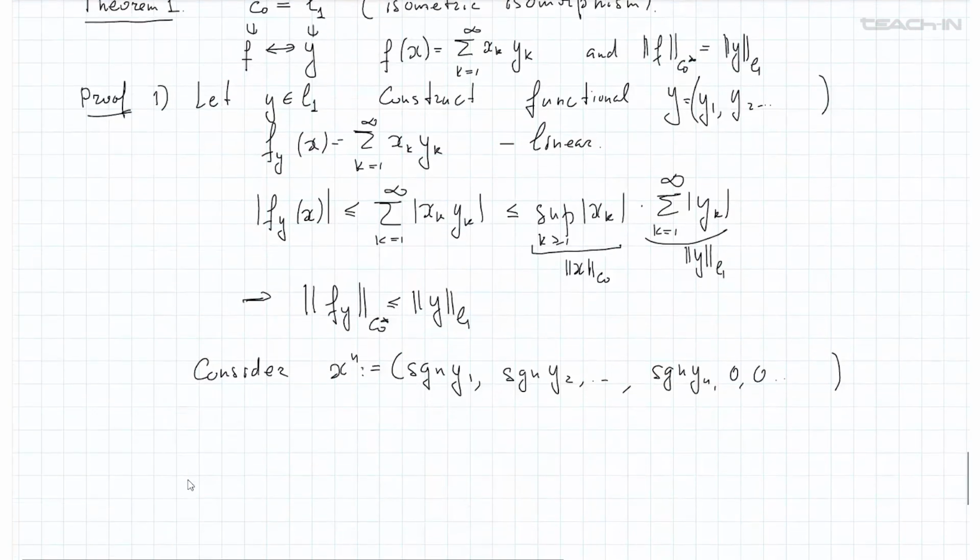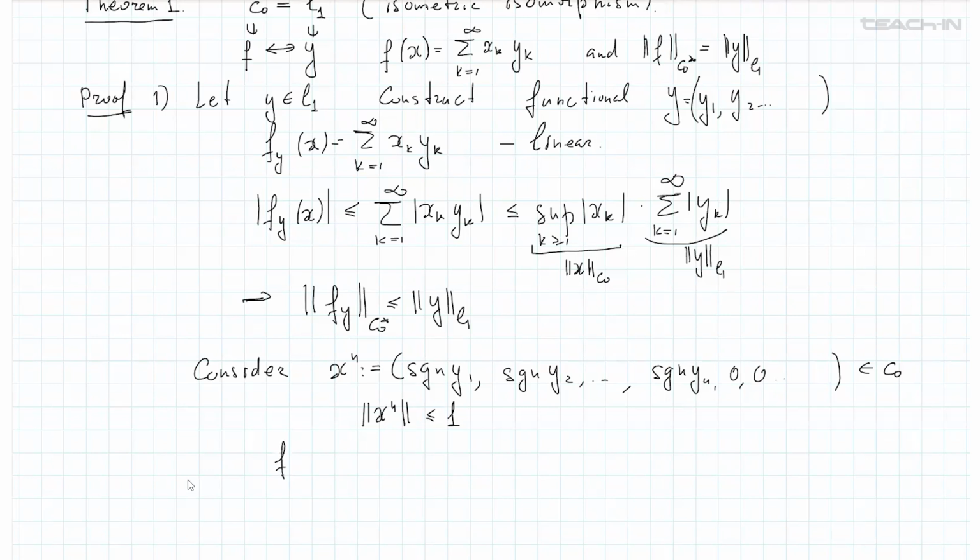Of course, it is from c_0. It has a limit of 0, and the norm of this element is less than or equal to 1. We don't know about the sequence y_k, but the absolute value of signum is less than or equal to 1.